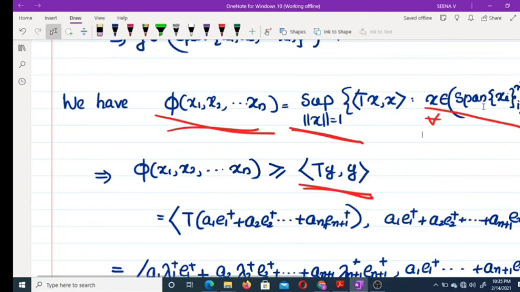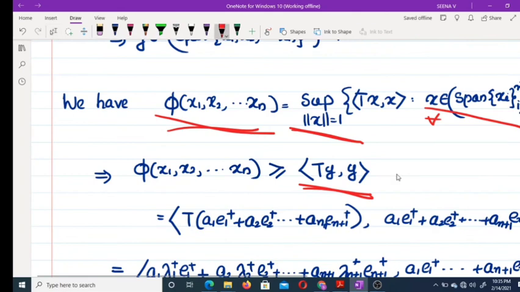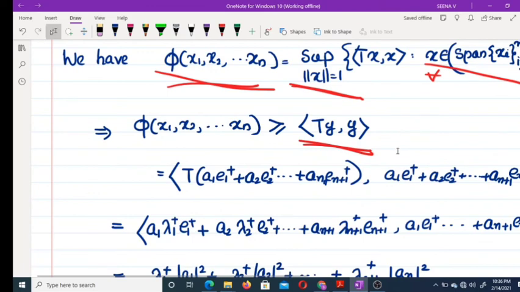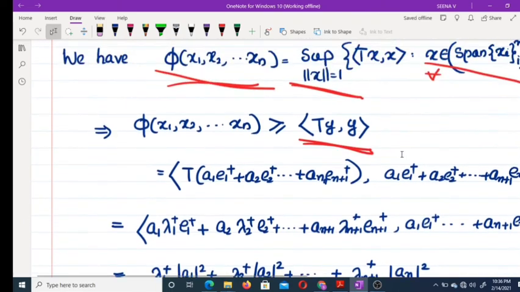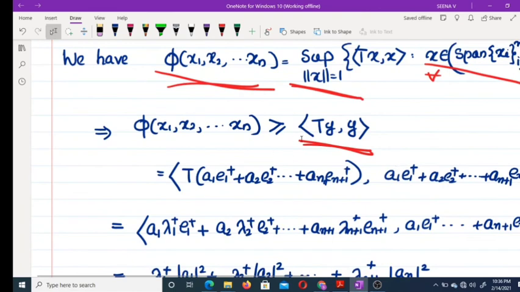So here we are taking y, and phi of x1, x2, etc., xn is greater than or equal to inner product of Ty with y, because y satisfies all the conditions. Now inner product of Ty with y is equal to inner product of T applied to y, replacing y like this.